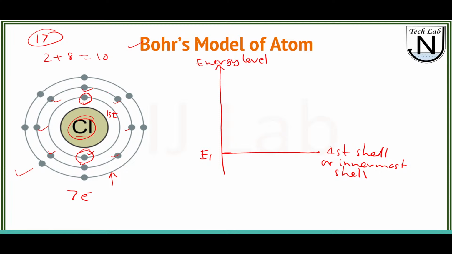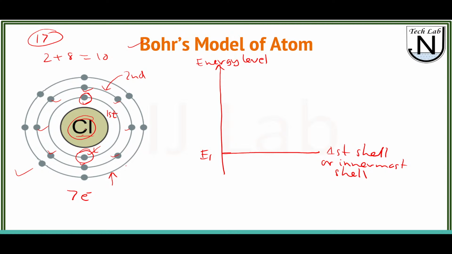And if we talk about the second shell, the electrons in the second shell are also very tightly bound, but in comparison to the electrons in the first shell, they are a little bit less tightly attracted to the nucleus, right?